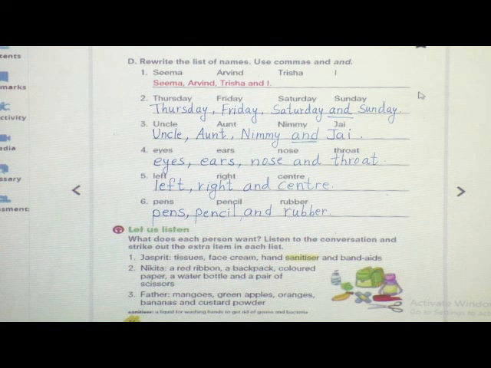Okay. In this way you have to complete question number D. Rewrite the list of names using commas and and. Okay, children? Yes. So we will go to the next exercise.